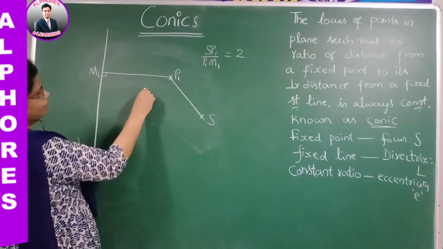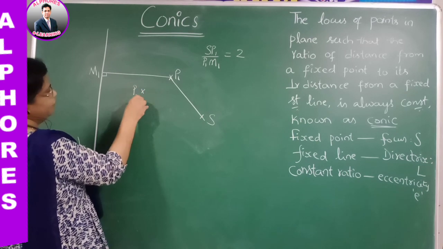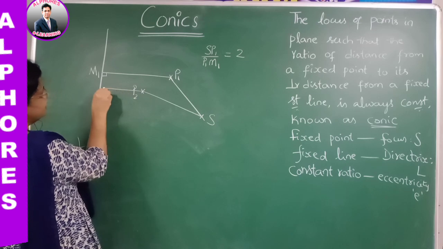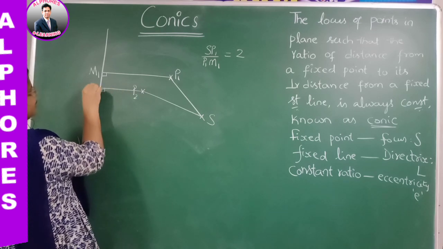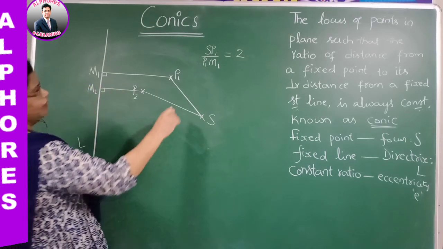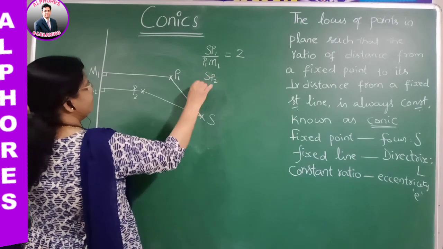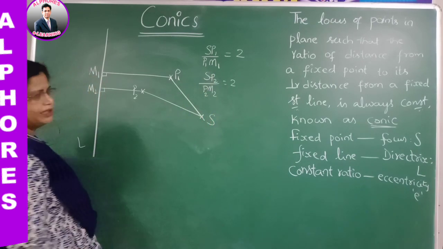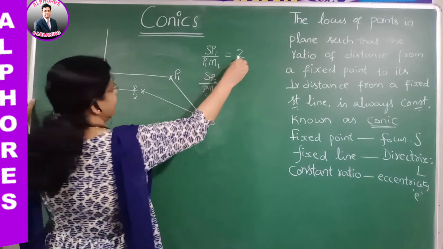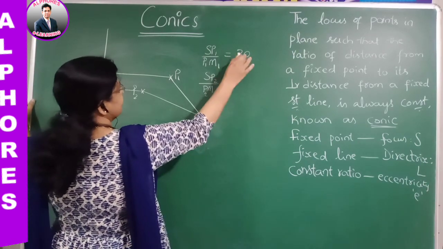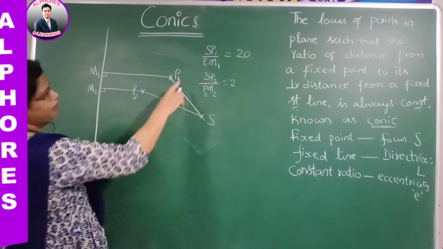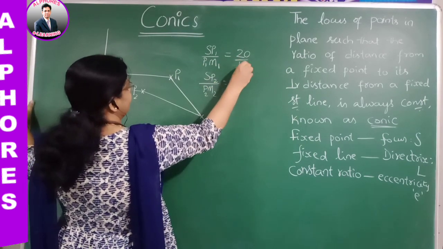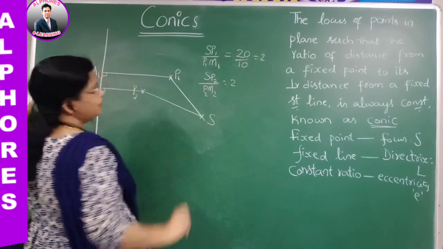Suppose I take the other point, P2, and again you join it with the same fixed point, and this is the fixed straight line, and the foot is M2. Then SP2 divided by P2M2 is also 2 units. That means if SP1 is 20 and P1M1 is 10, you got 2.